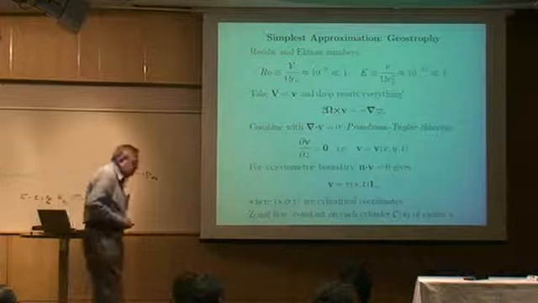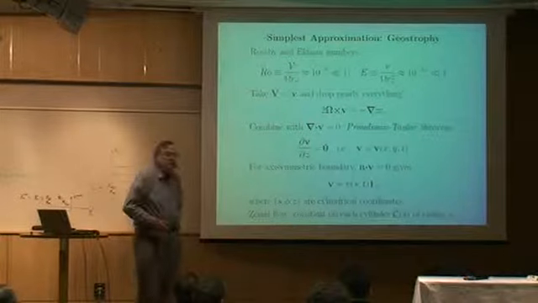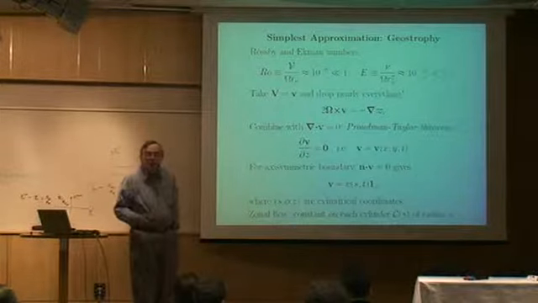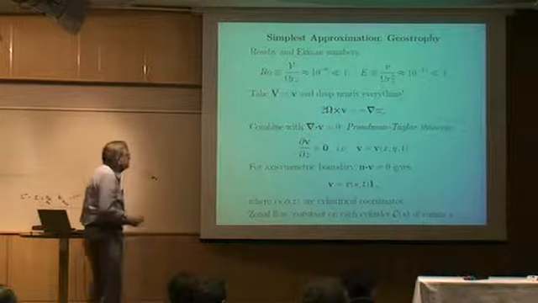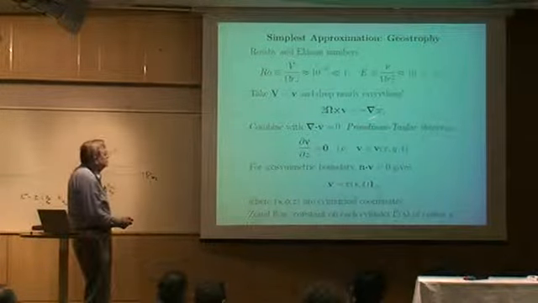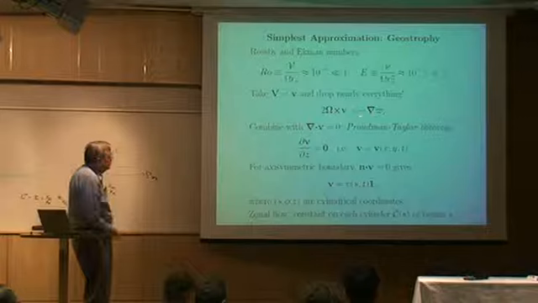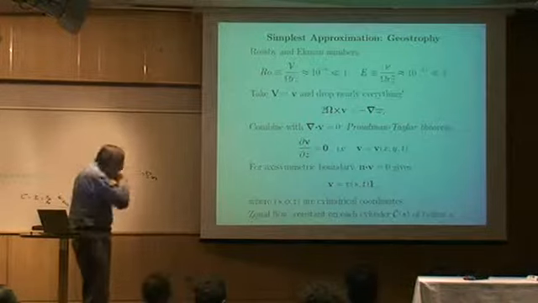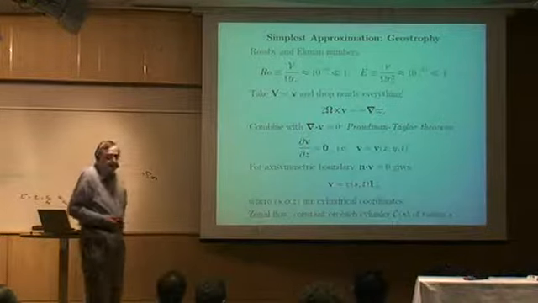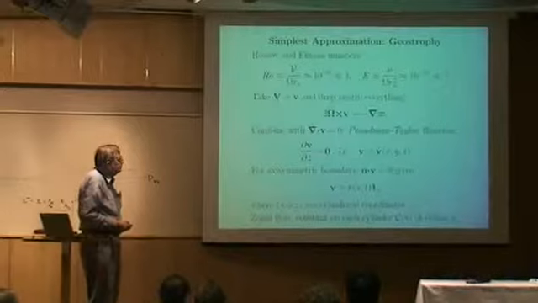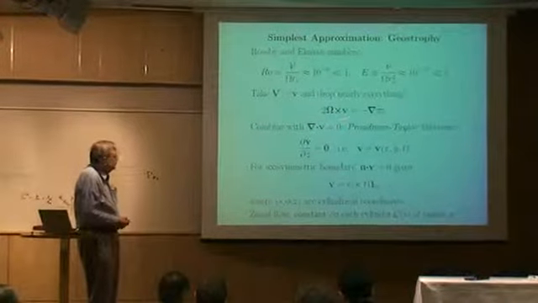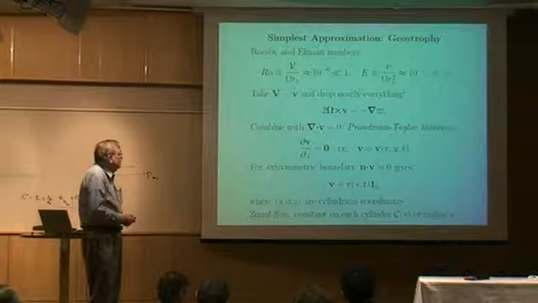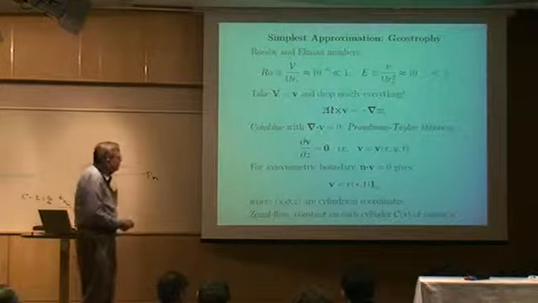Then the first thing you can do with this is to drop nearly everything from the equations I put on the last view graph. You just leave yourself with the Coriolis force and the pressure gradient. An immediate consequence of this is the Proudman-Taylor theorem. You take the divergence of this and you get that the derivative of V with respect to z is equal to naught. You have to use div V equals naught too.